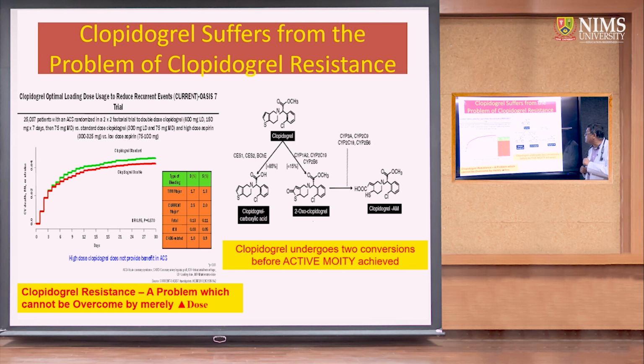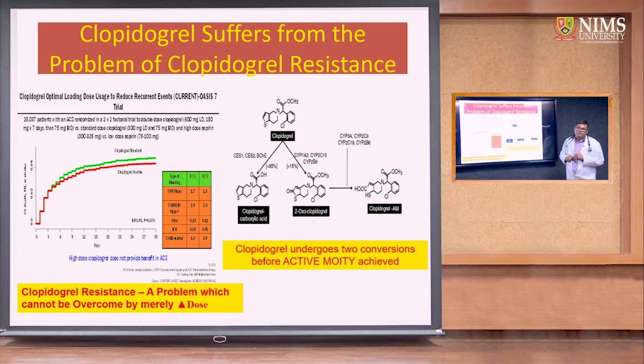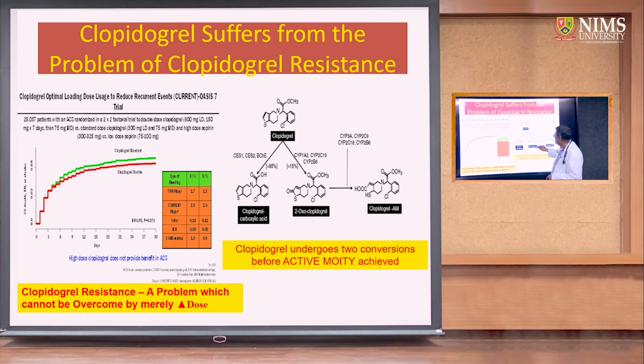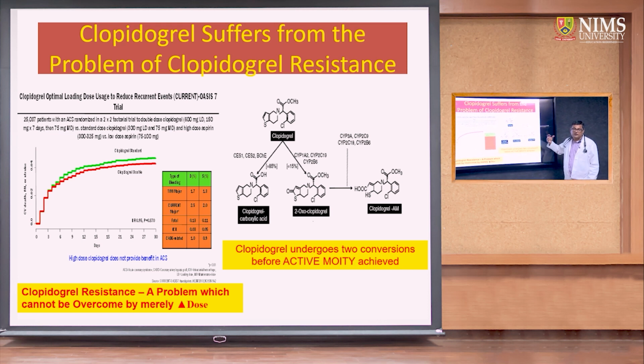So, why does this happen? Why is there resistance with clopidogrel? If you look at the metabolism of clopidogrel, it gets metabolized into these two agents. This is a pro-drug agent, which again gets converted into a third agent, and that third agent is the real antithrombotic agent of clopidogrel.